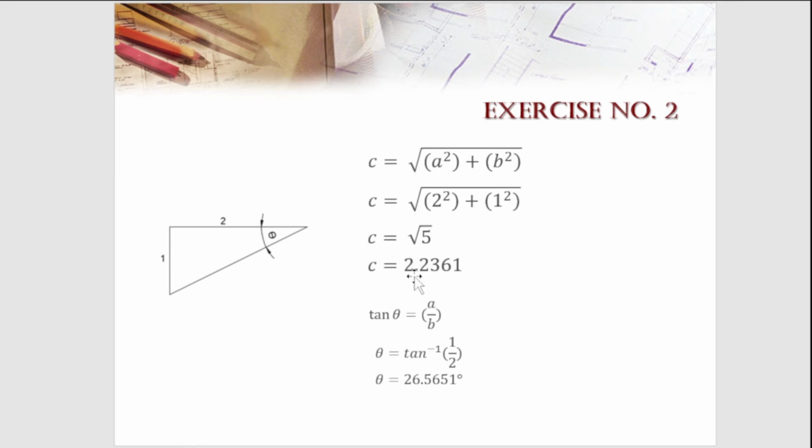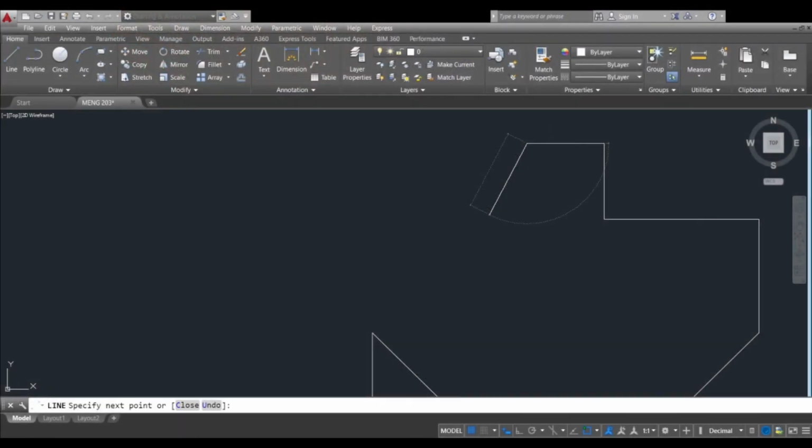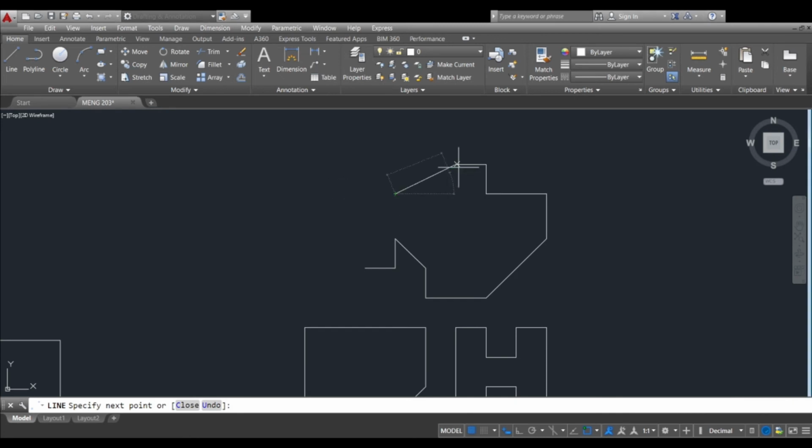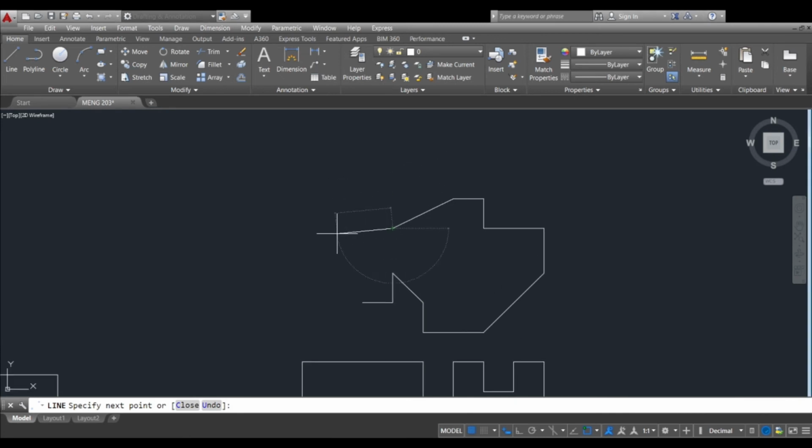And our distance is 2.2361. So let's try it. Our distance is 2.2361, that is the hypotenuse of our line. And then our angle is 180 plus 26.5651, so that is angle 206.5651. Okay. So we got the right figure for that.